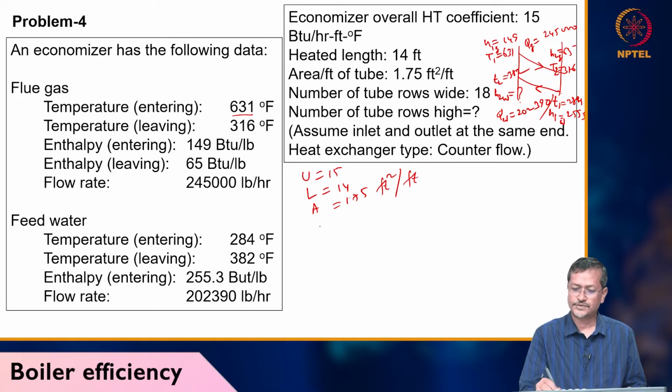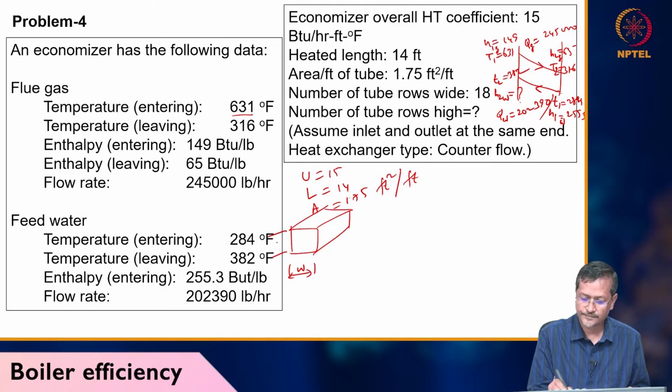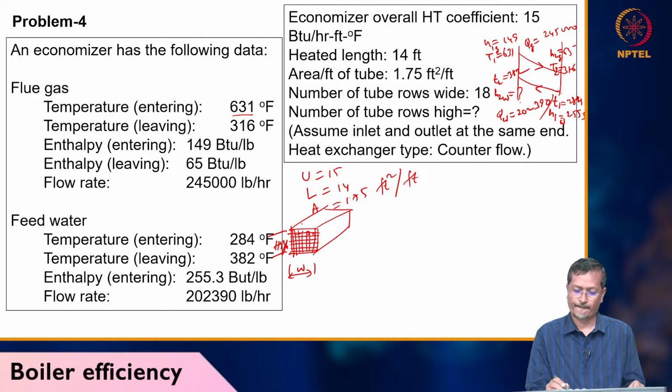Number of tube rows, wide and high. Wide and height means like this. Okay, I can assume this is wide and this is high. So how many rows are there? Wide means like 1, 2, 3, 4, 5. This is high wise, and wide wise like this. So I will have many tubes like this.